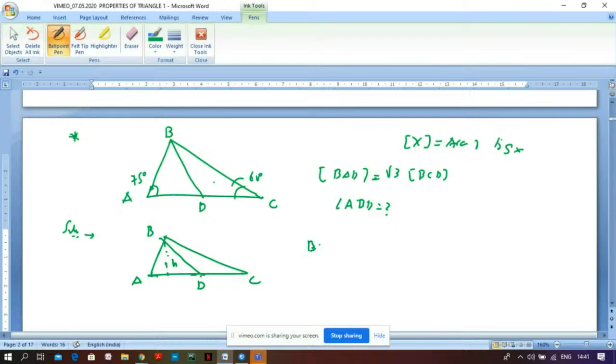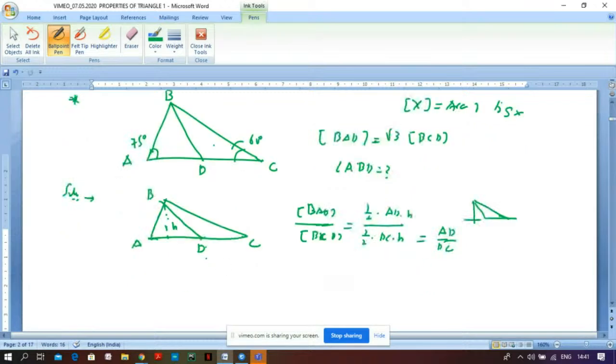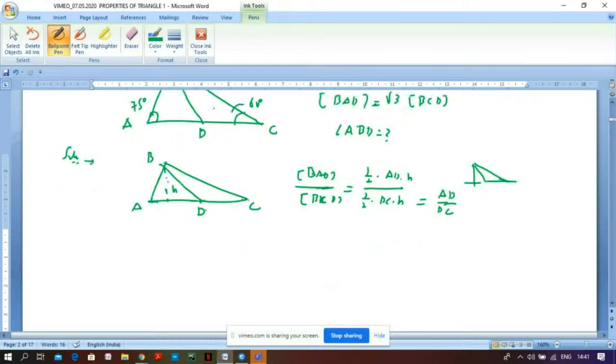BAD over BCD equals half times base AD times H over half times base DC times the same H, because they share the same height. One looks obtuse, one acute. So this is AD over DC. The ratio of the areas of triangles is the ratio of their bases.